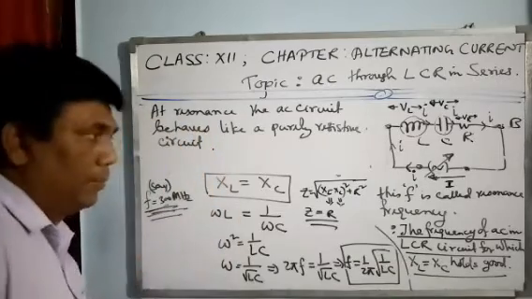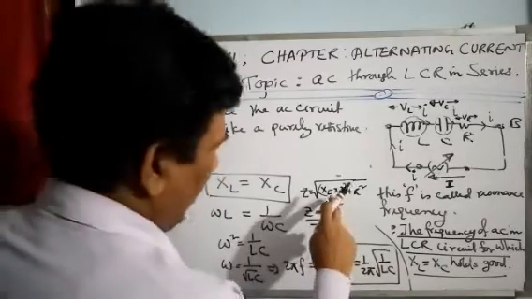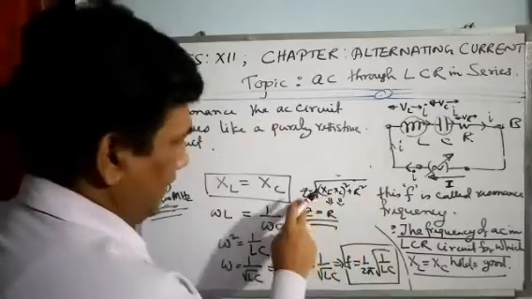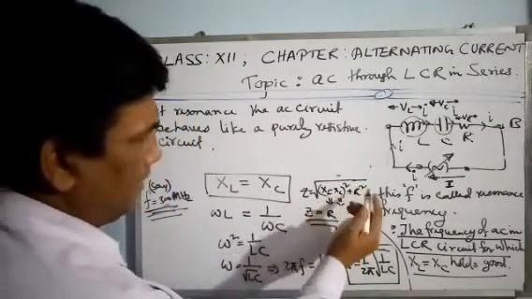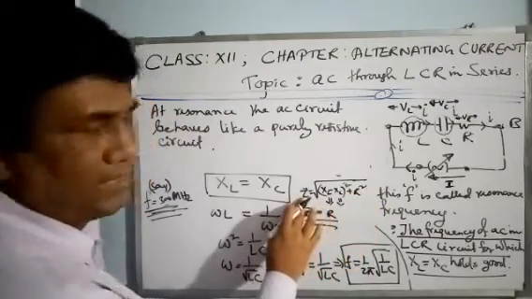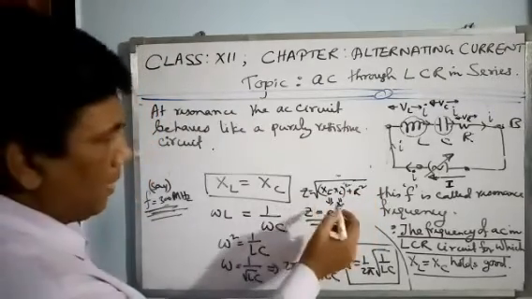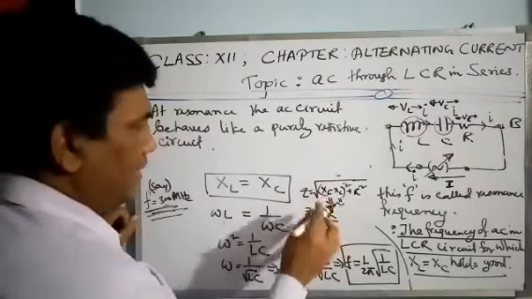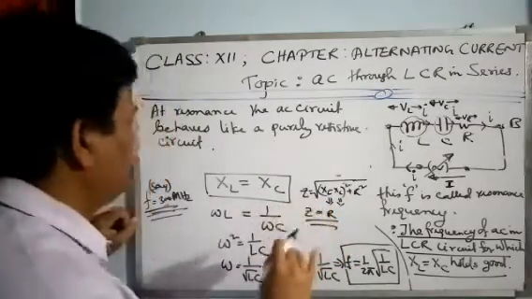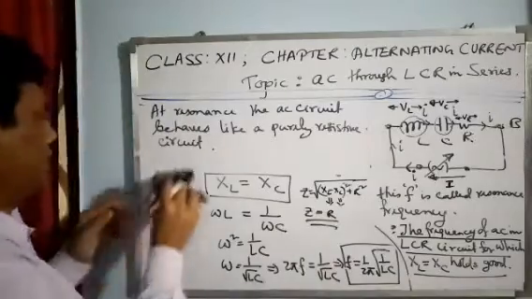And one more thing you understand, when XL equals XC, the Z will have the minimum value, you know. Other than this there is a whole square, so the Z value will be more only. But when XL equals XC, Z is equal to Z minimum. You can write this also.